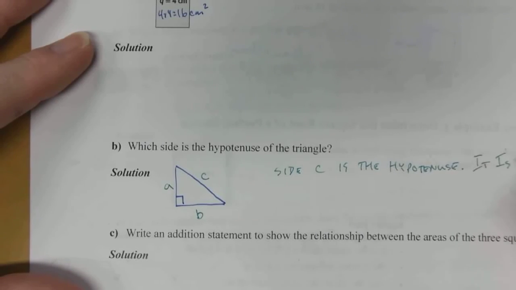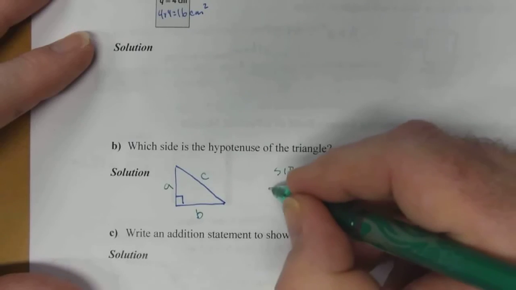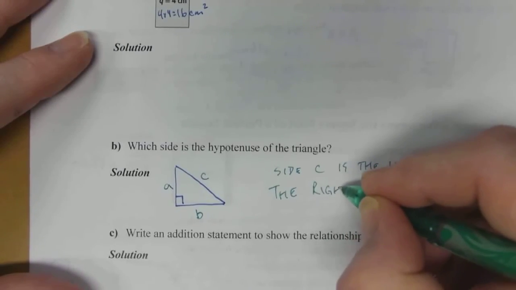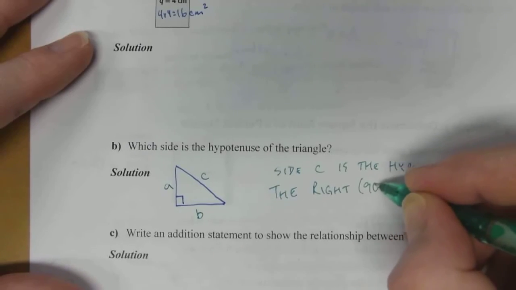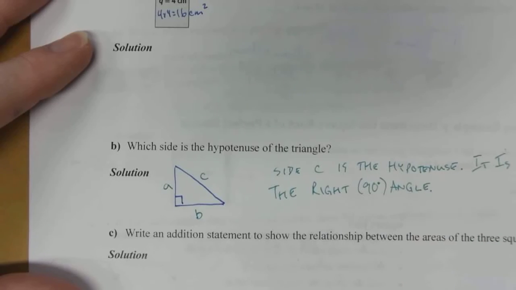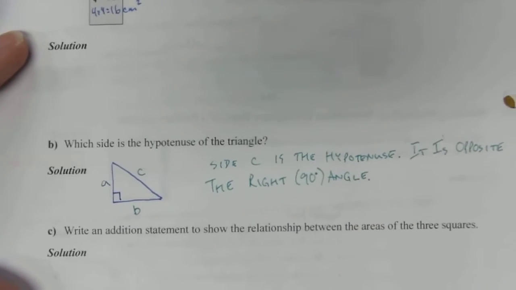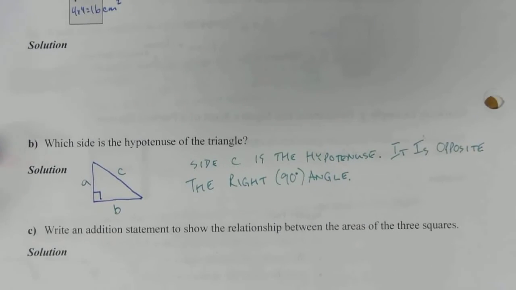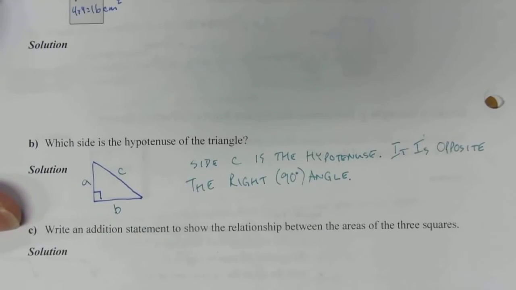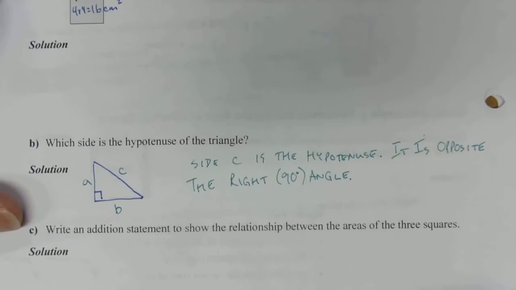It is opposite the right, I'll put 90-degree angle. So A and B are the legs that touch the 90-degree angle. C is the hypotenuse.